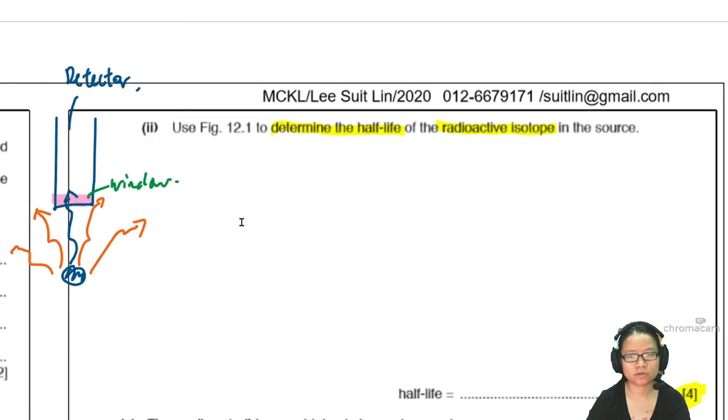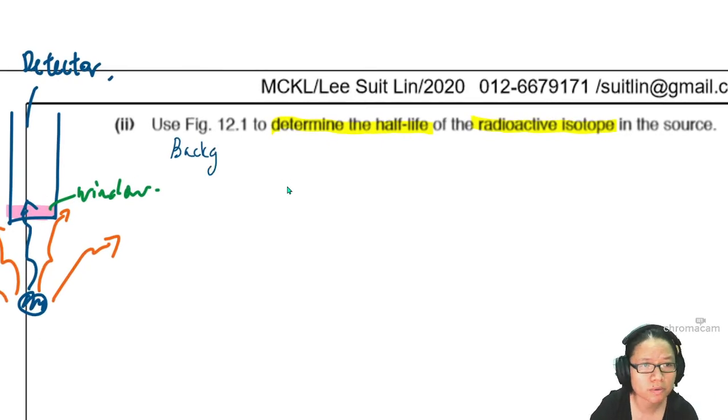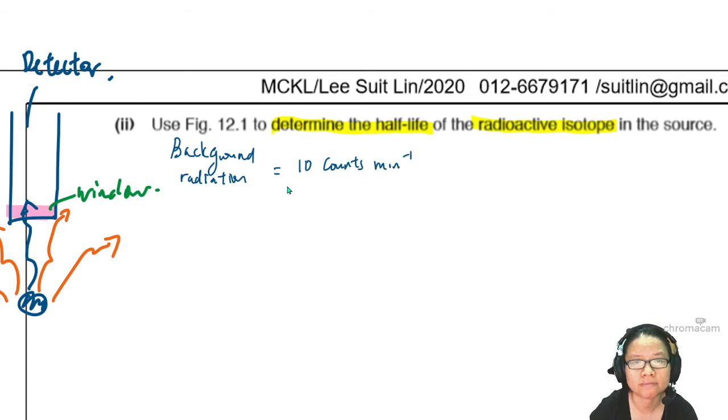Okay. So first thing I'll do is I'll announce the background radiation. Background radiation is 2.5 boxes or 10 counts per minute. Okay.